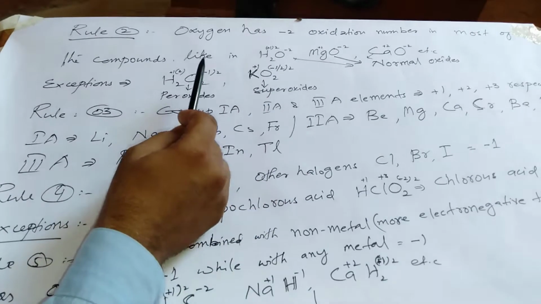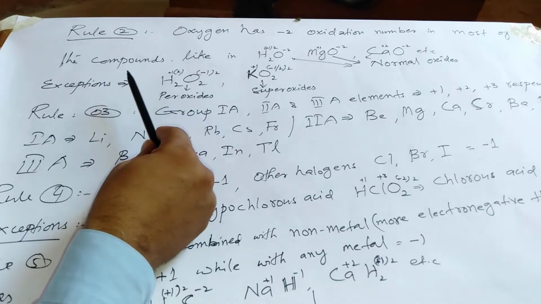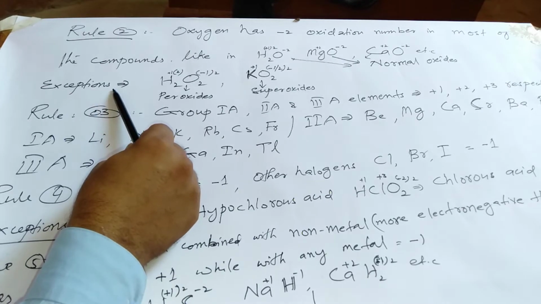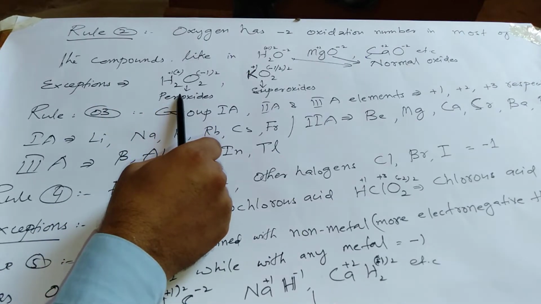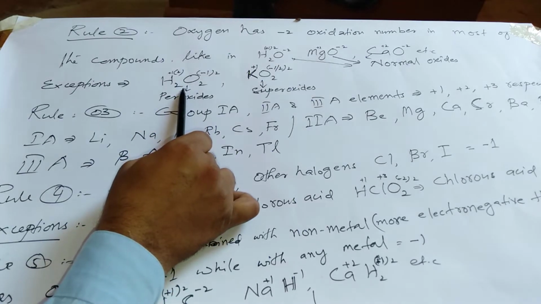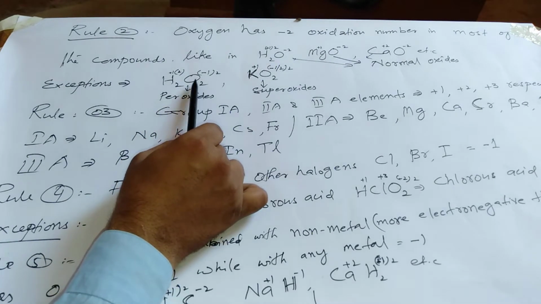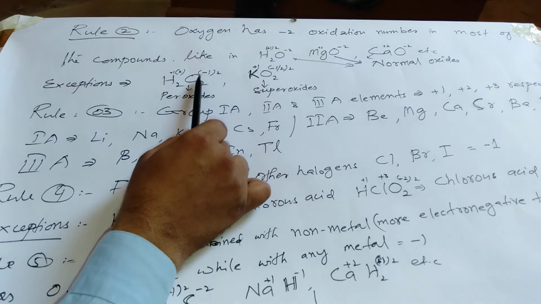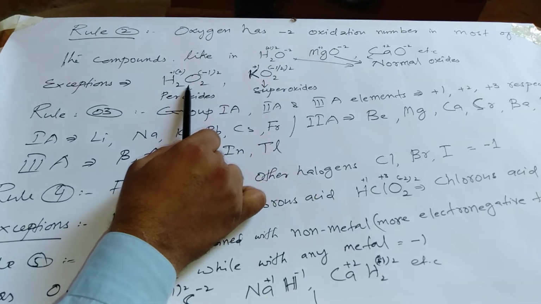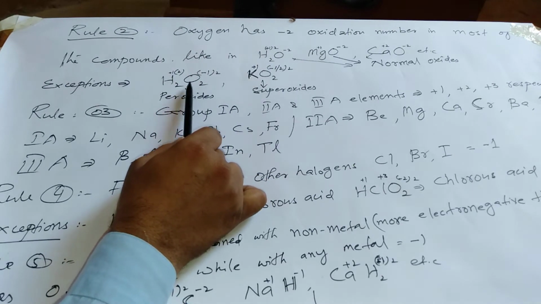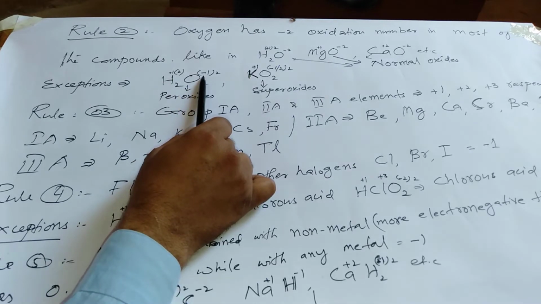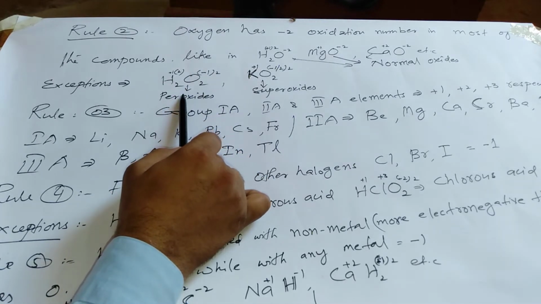Okay, there are also exceptions regarding this. Peroxides are those compounds in which oxygen has -1 oxidation number. So this is an exception of oxygen, that it has -1 oxidation number in peroxides.